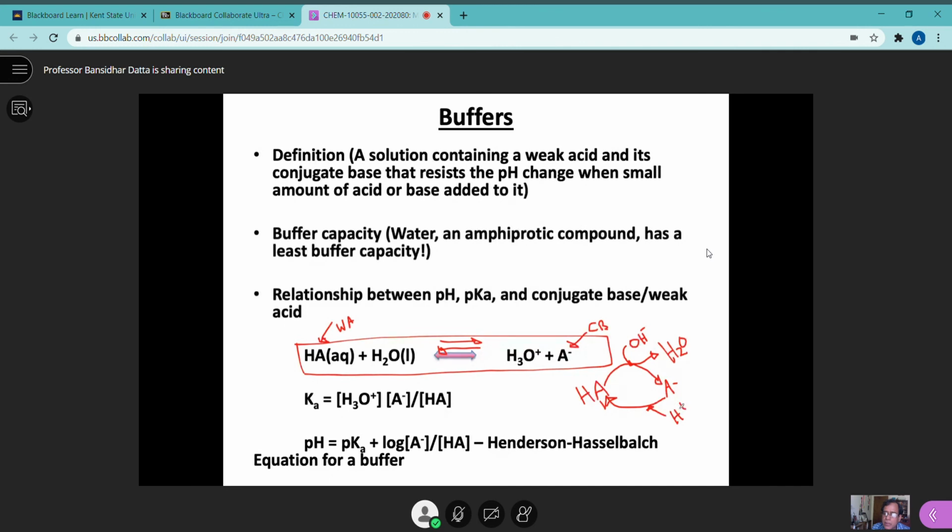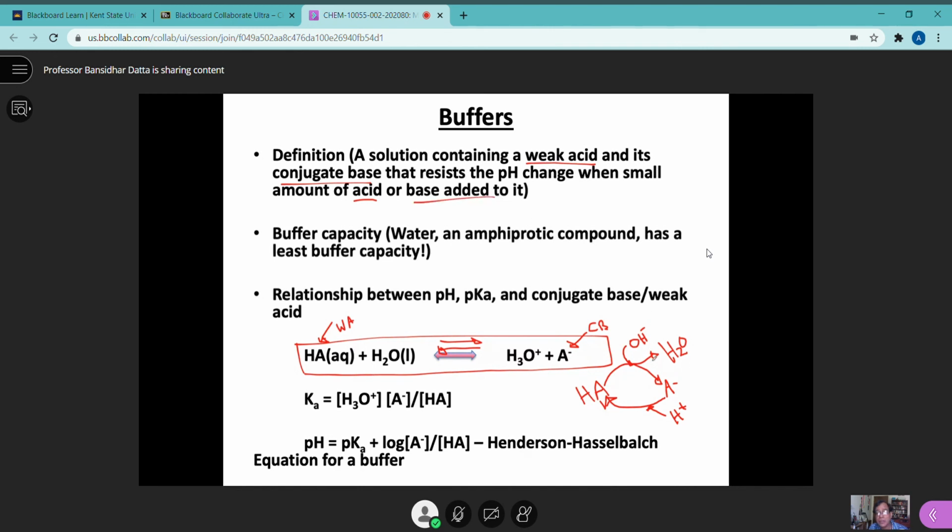So what this cycle tells us is that if we have a weak acid and conjugate base solution, and you add some base, it will make conjugate base. If you add some acid, it will make the weak acid. So the definition says a solution containing a weak acid and its conjugate base that resists the change of pH when a small amount of acid or base is added to it.